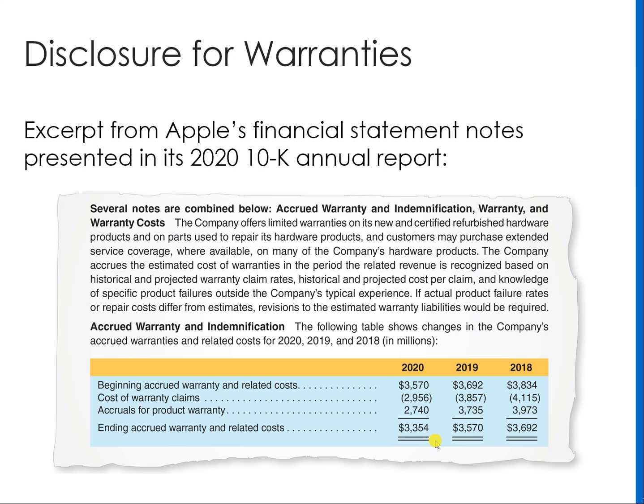But there's also a warranty that could be sold by the seller, or could be sold by a third party. Those warranties are sales. Okay, we could view those warranties as unearned revenue.